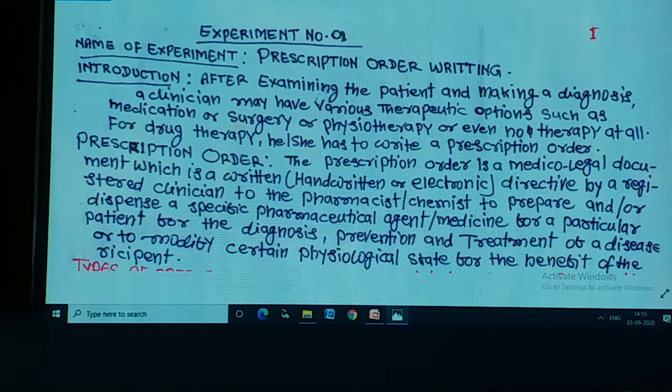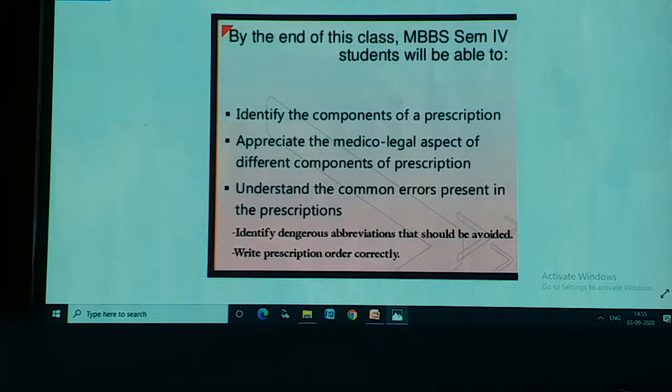Coming to the types of prescription. There are mainly two types of prescription. Before describing the types of prescription, we must first know the learning objective of the student.